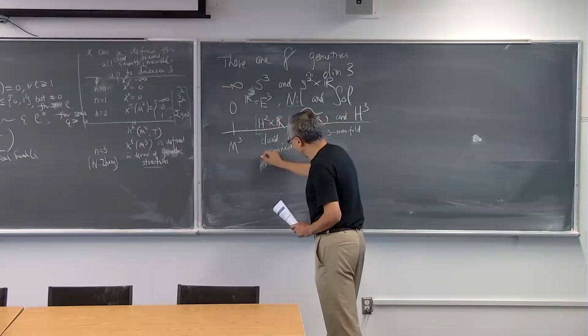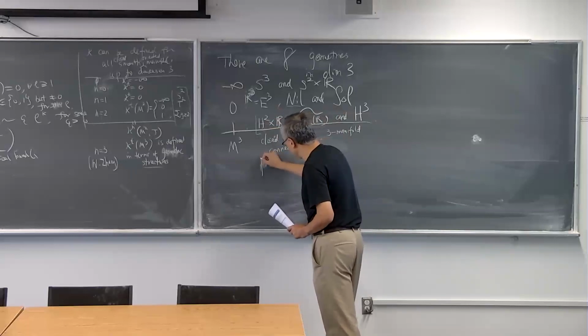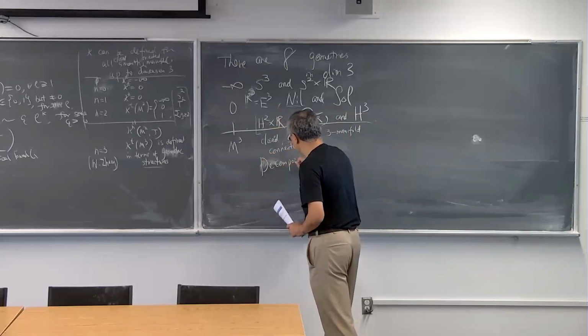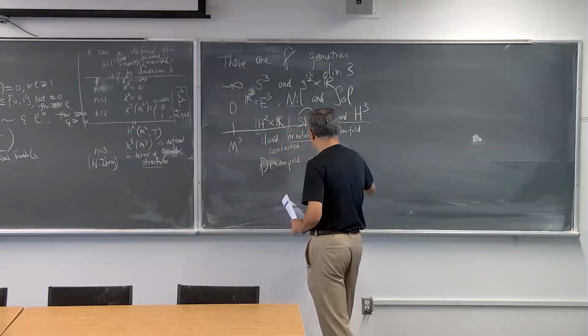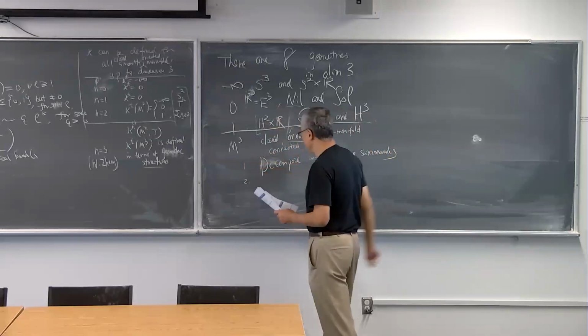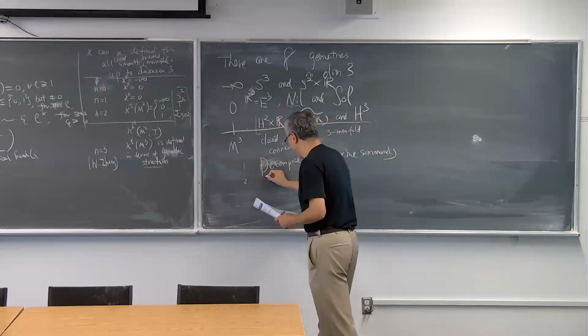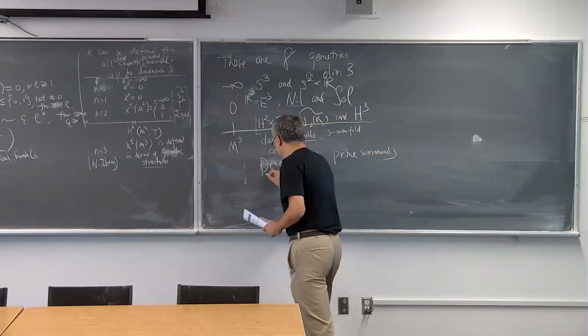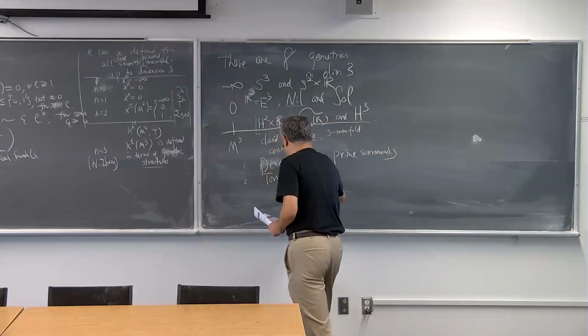So first you decompose into prime summands. Secondly, for each prime summand, consider the toroidal decomposition.